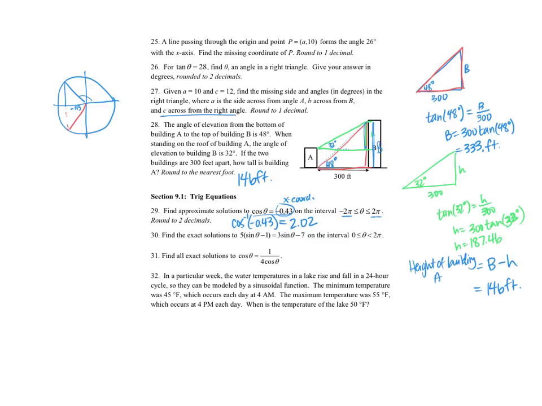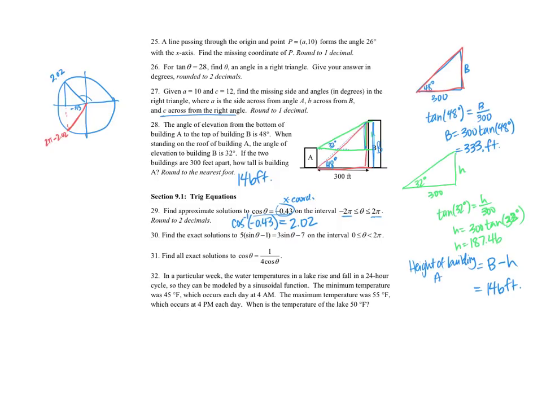Okay, and so what will that one be? So I know that this angle here is 2.02, but I know this angle here with the red terminal side is going to be 2 pi minus 2.02.